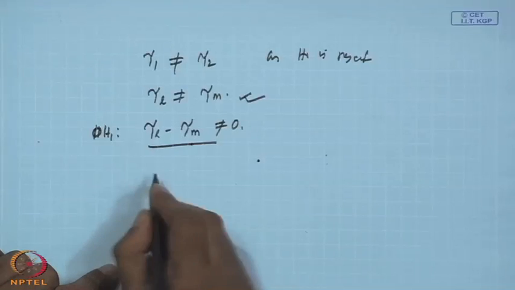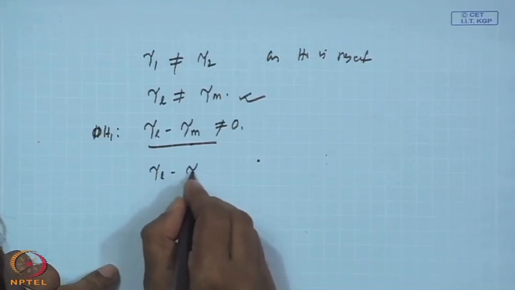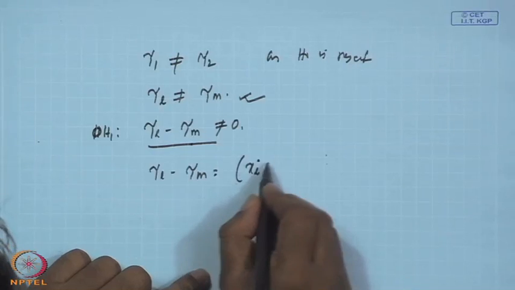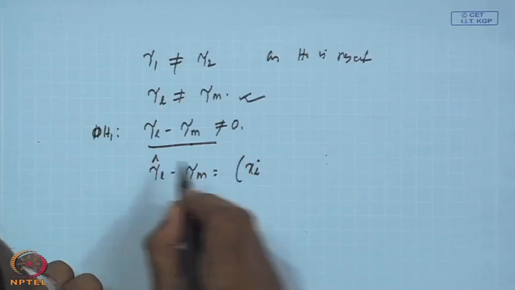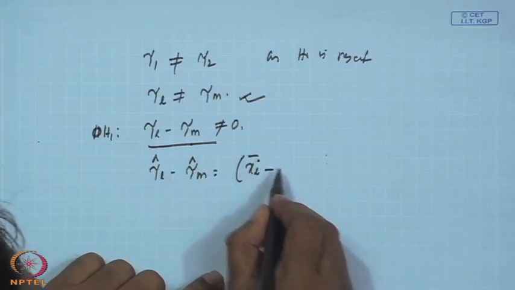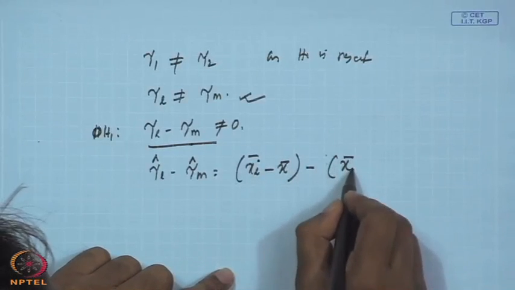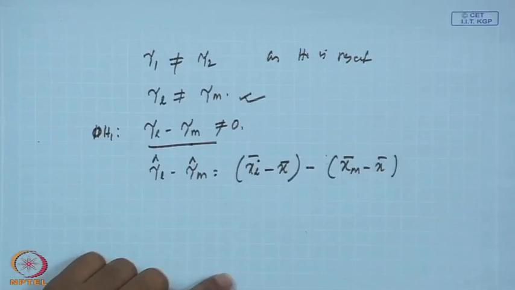So, now tau L minus tau m can be written like this: XL bar, I am taking the estimate, XL bar minus X bar minus X m bar minus X bar.